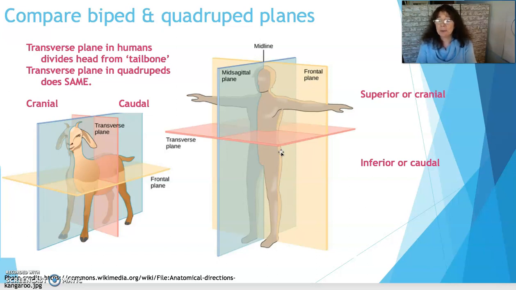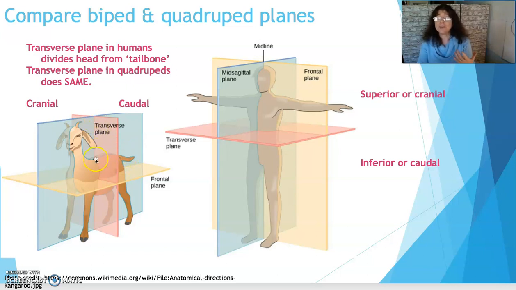The transverse plane in quadrupeds will divide the cranial area of the skull from the tail area. Well, in that case, the transverse plane is going to be this pink plane that has a cranial aspect toward the head, toward the cranium or the skull, and a caudal aspect toward the tail.